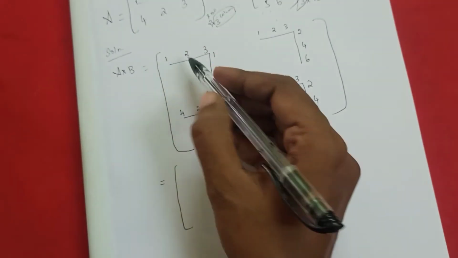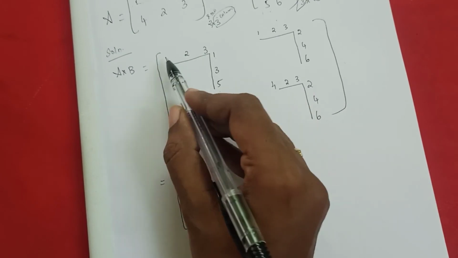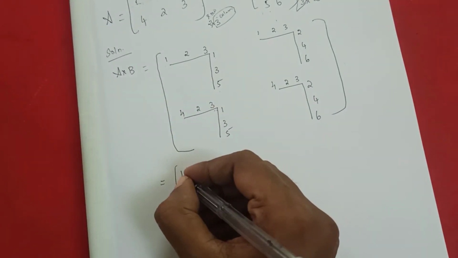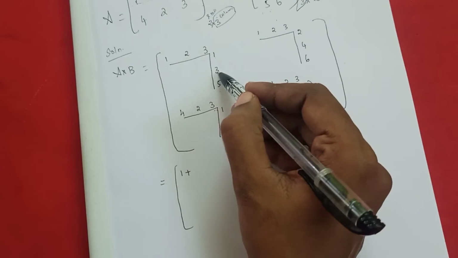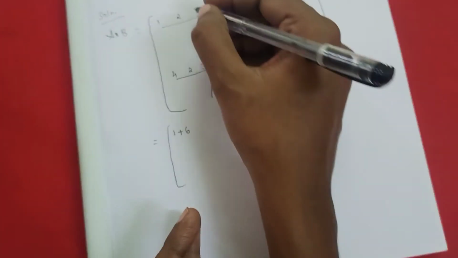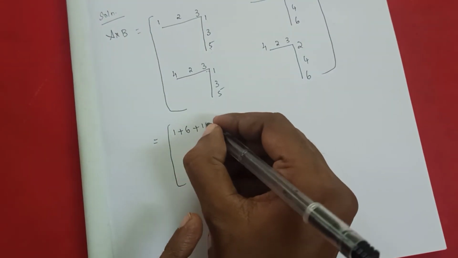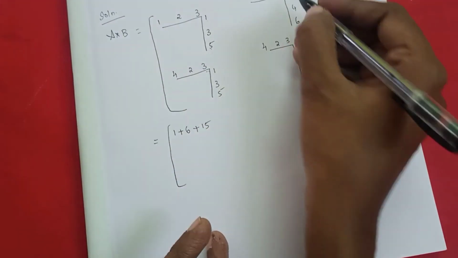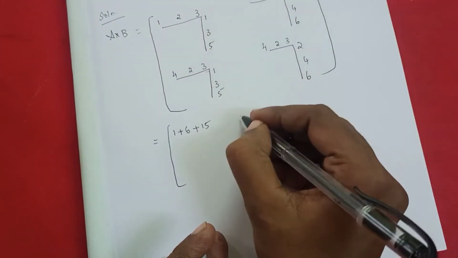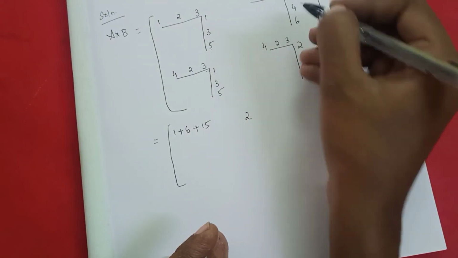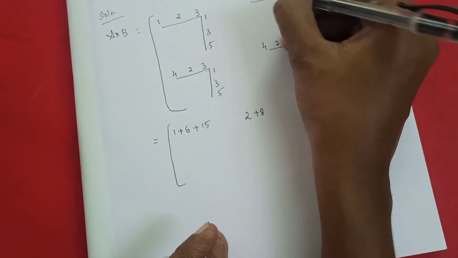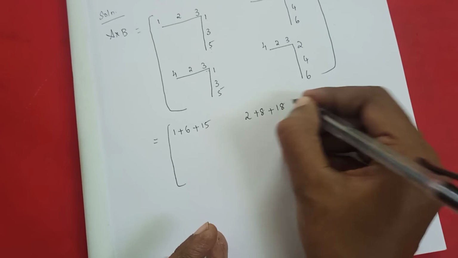How do we multiply? 1 into 1. Listen very carefully. 1 into 1 is 1, plus 2 into 3 is 6, plus 3 into 5 is 15. Same for this one: 1 into 2, then 2 into 4 is 8, 3 into 6 is 18.